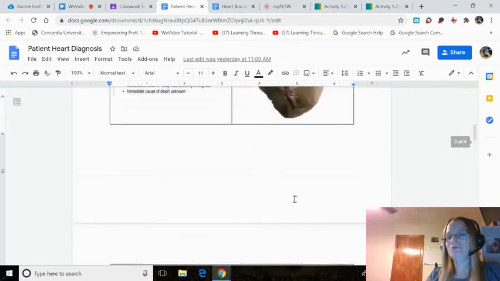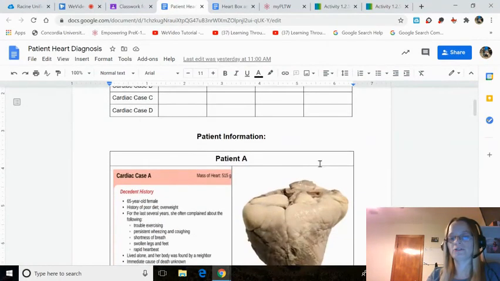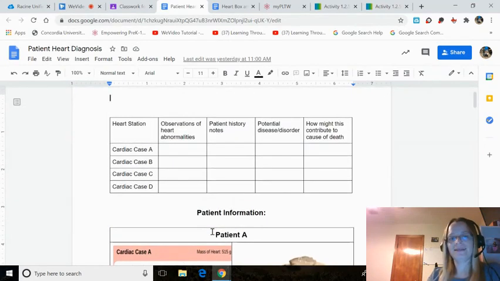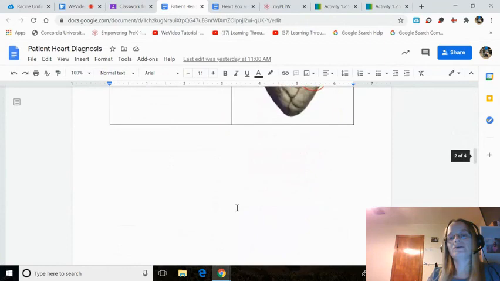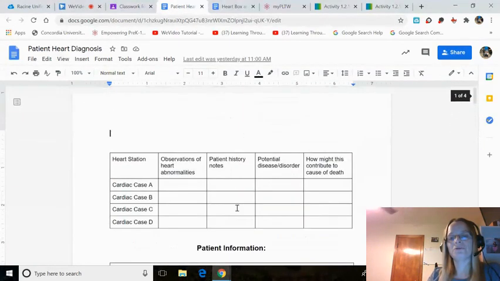You can also Google on the internets, what causes a heart to be much larger than normal? Because patient A's heart is huge, okay? And for the rest of them, watch that video over again. They did show all 3 of those. So use Google, use the video, and get this done, okay? All right.